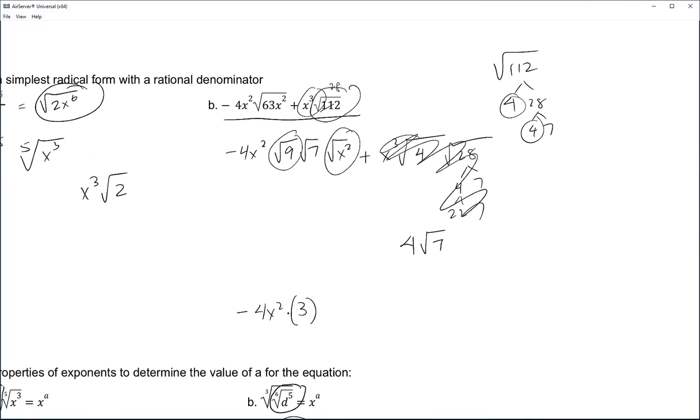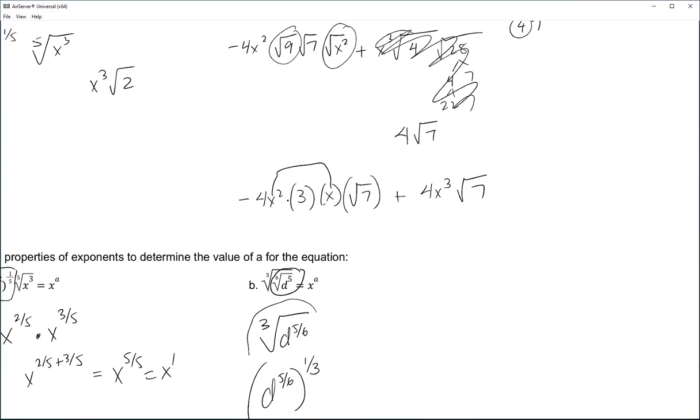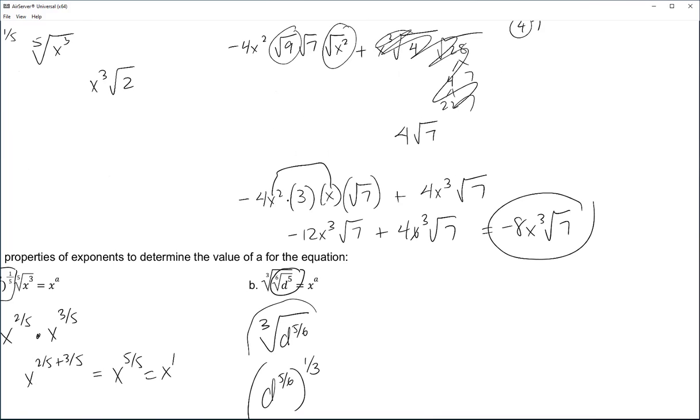This is x radical 7 plus, and then this is 4x cubed radical 7. And when you do that, this is going to be negative 12x cubed radical 7 plus 4x cubed radical 7, which is negative 8x cubed radical 7. And that is your answer.